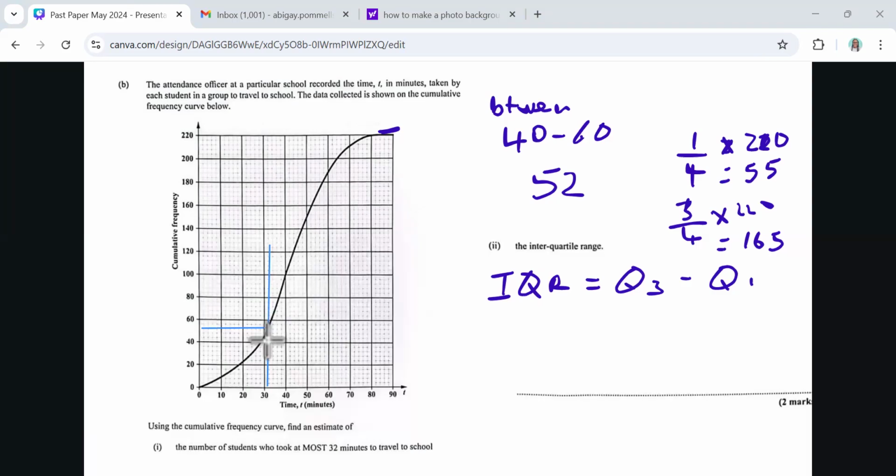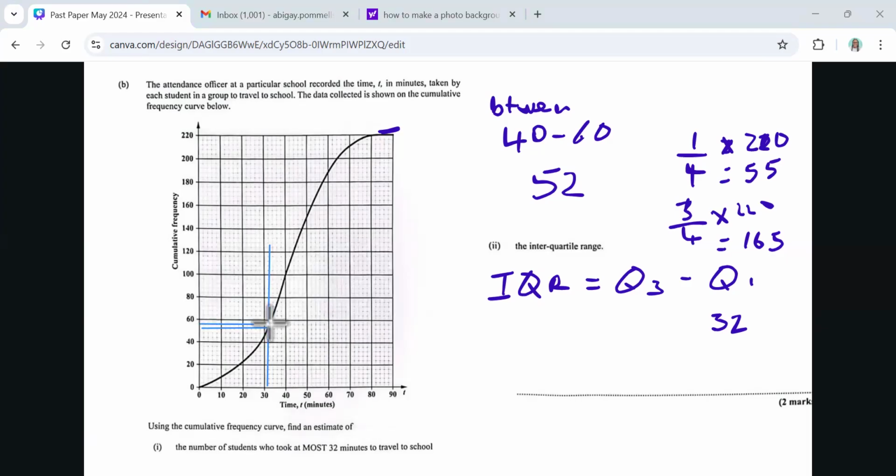And the time that matches up with the first quarter can be 32 or 30. I'm going to put it a little higher, 32.